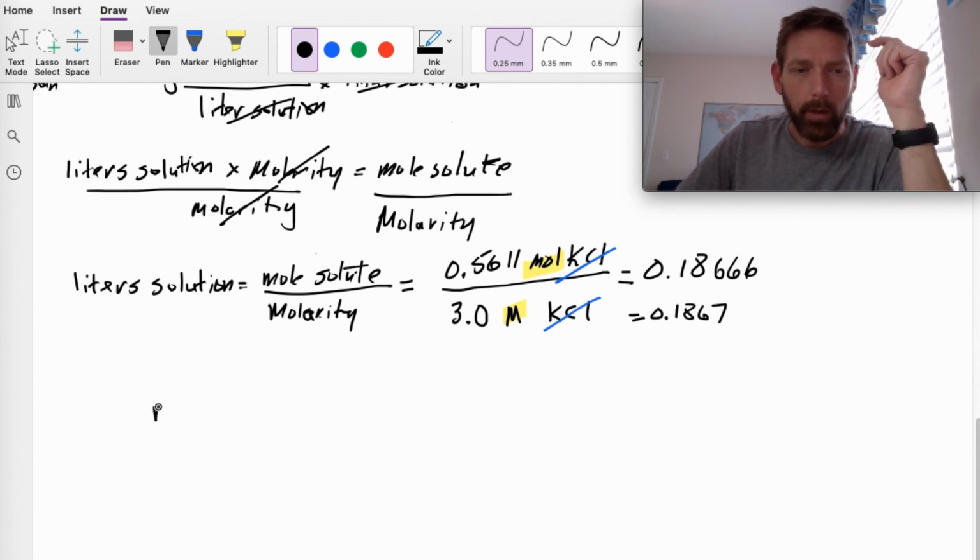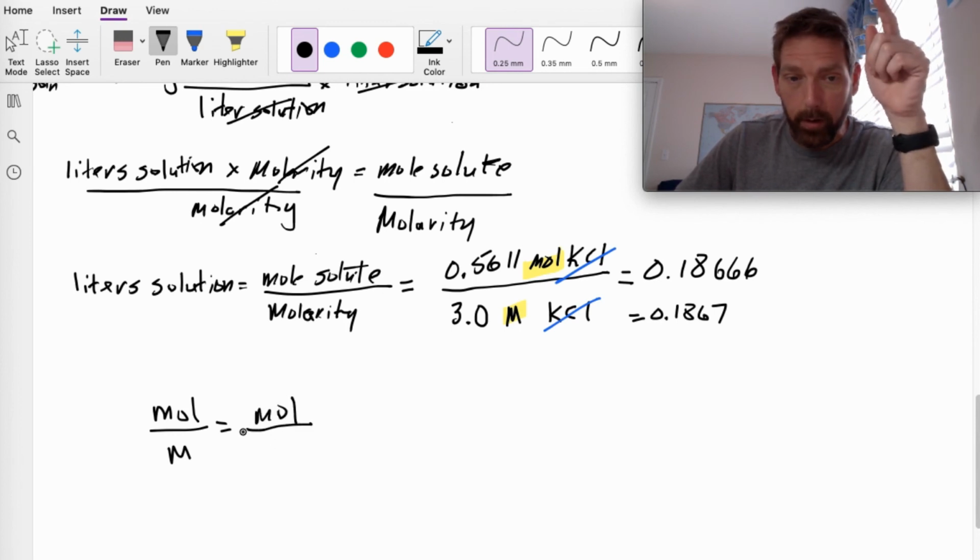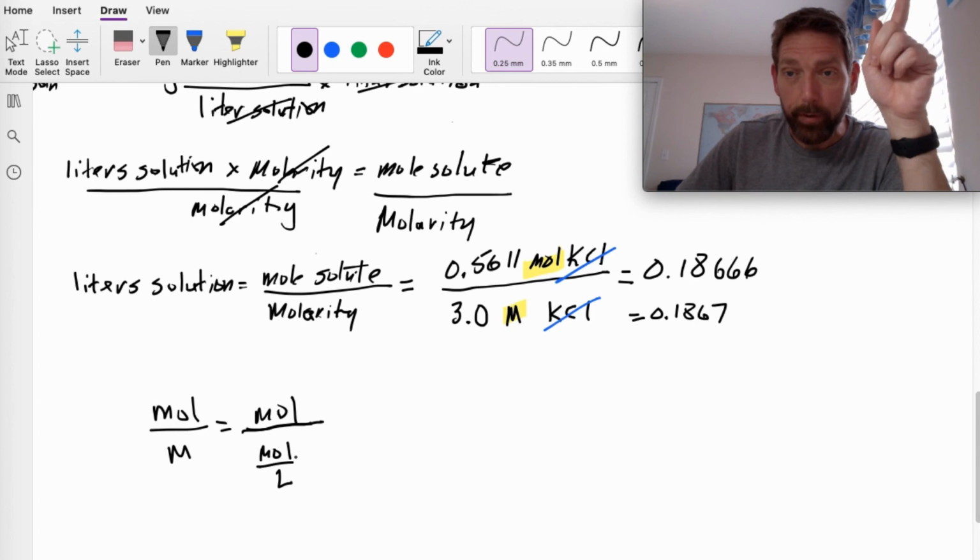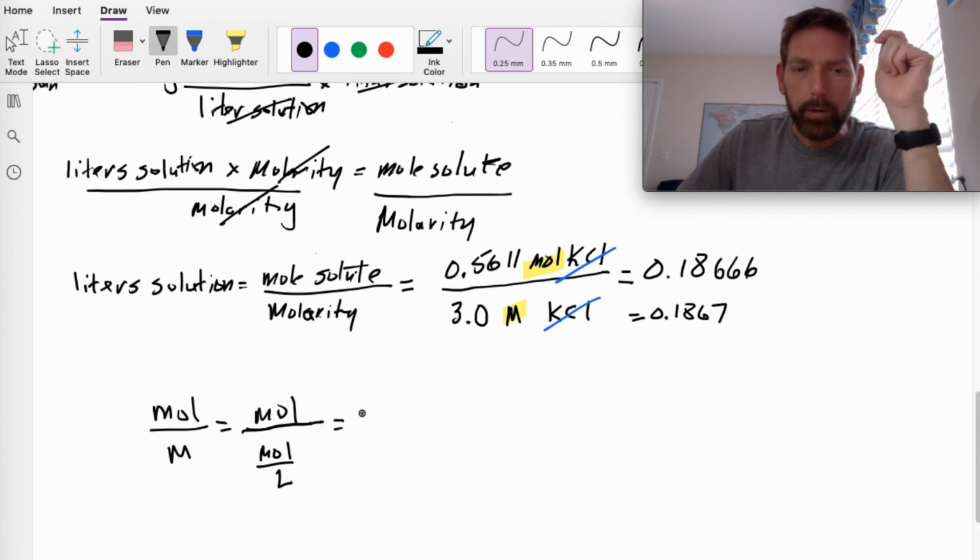Let's go back to some very basic pre-algebra. If you've got moles per molarity, right? So what that means is you've got moles per, and we know molarity is moles per liter. We know this. So what this means is we've got moles divided by moles per liter.